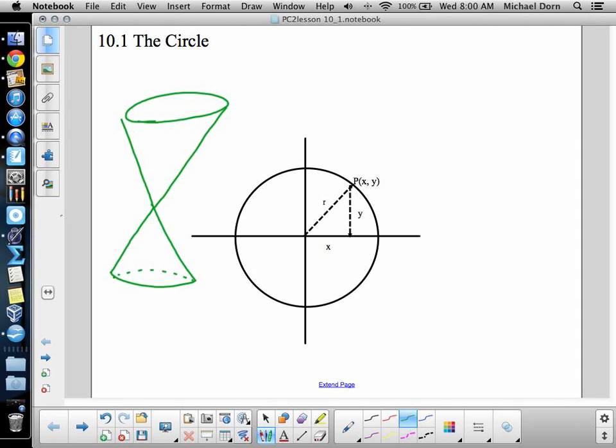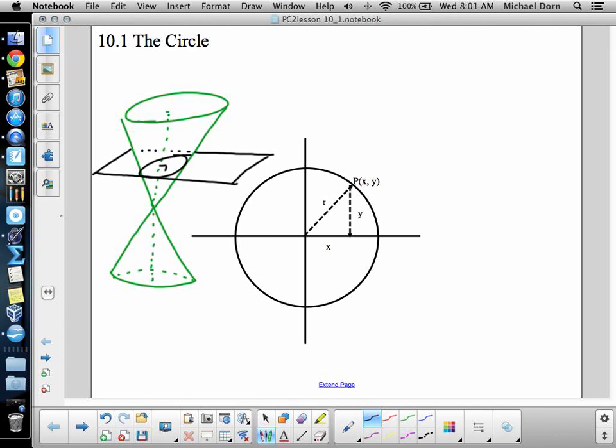And that cone has an axis that runs through it vertically, and a circle is what happens when a plane intersects that conic section perpendicular to the axis here. So that's a right angle. And that intersection then becomes a circle. I drew that very poorly, but you get the idea.